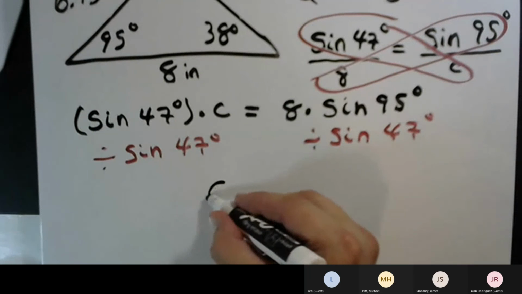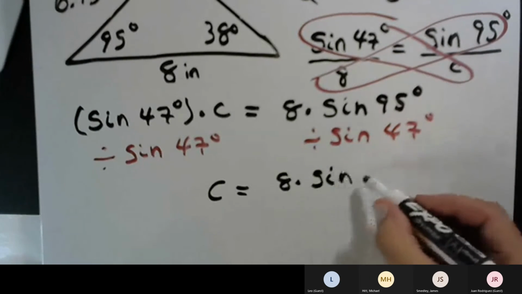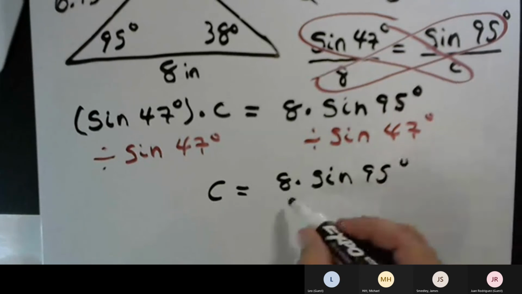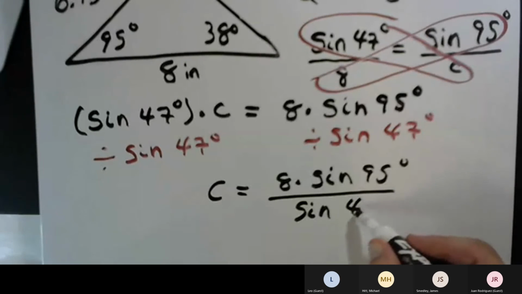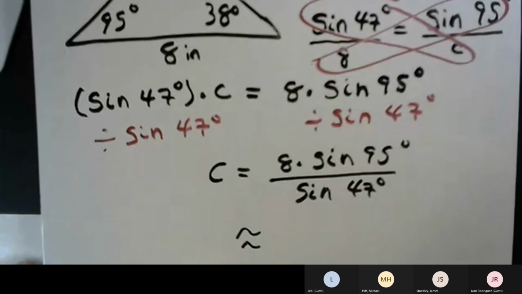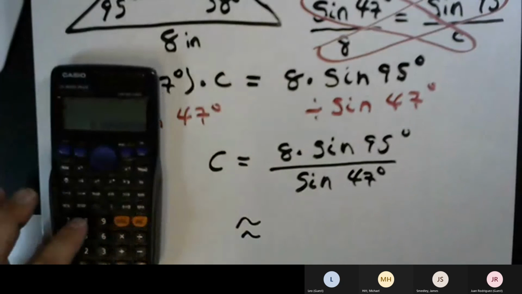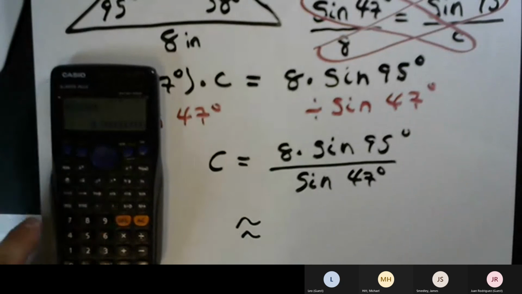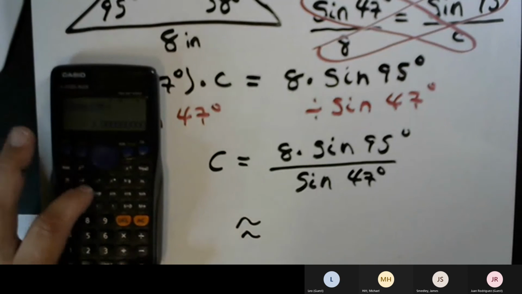And we'll get c is 8 times sine of 95 degrees over the sine 47 degrees. And we calculate that. I'm going to put my parenthesis here.